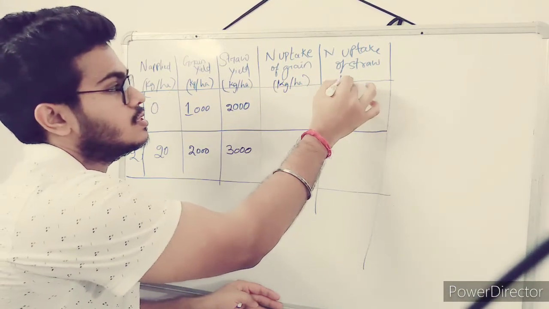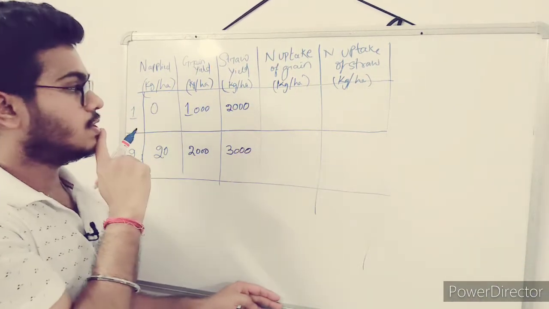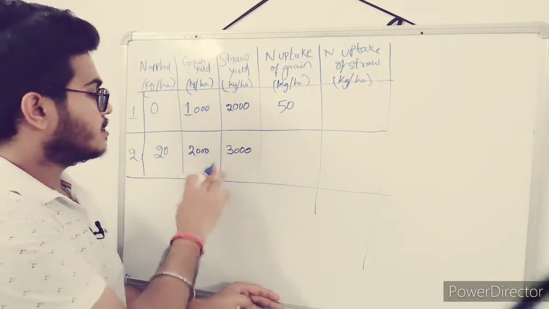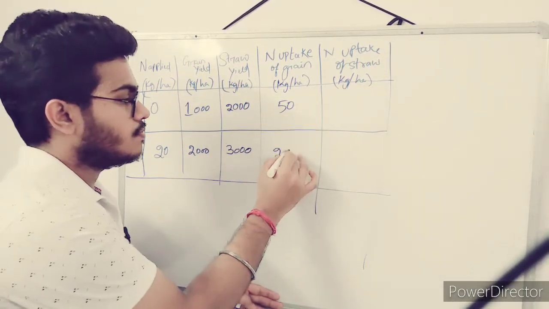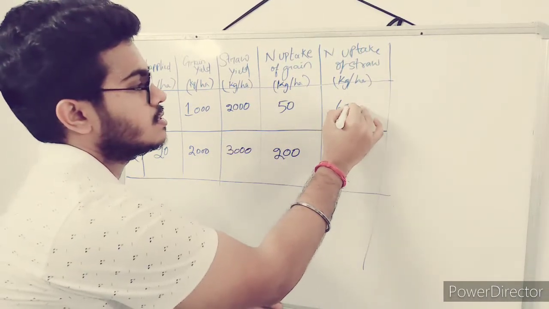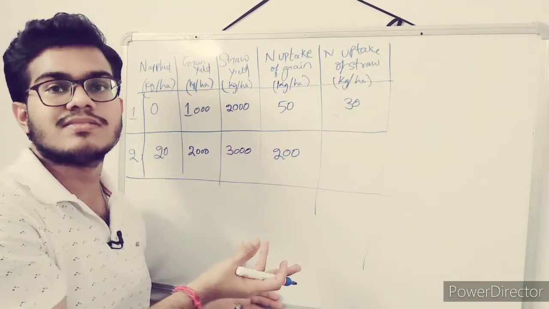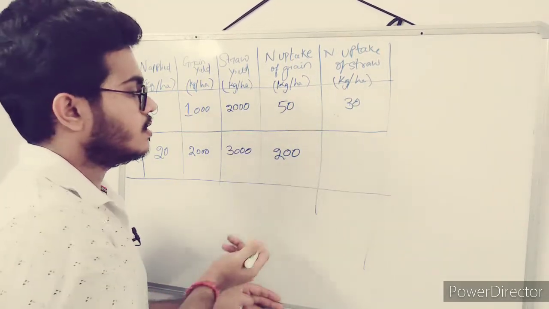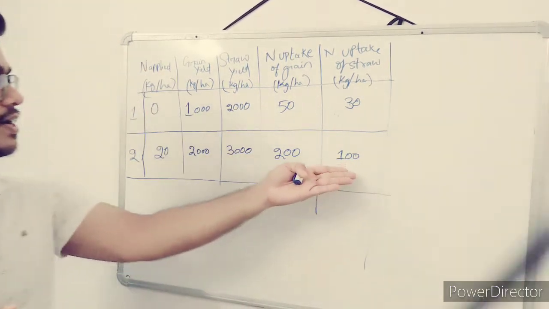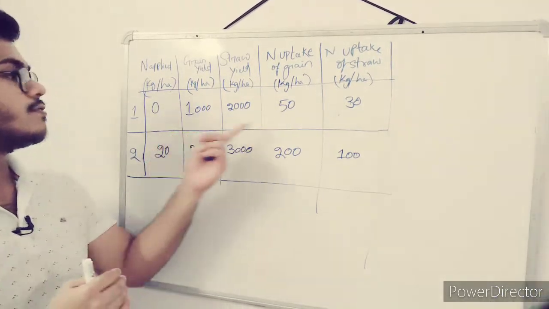Suppose you have got a nitrogen uptake of 50 kg per hectare in the unfertilized plot and 200 kg from the grain in the fertilized plot. For straw, generally the nitrogen uptake remains less, so suppose you have got 30 and 100, because this is the fertilized plot, so we have got slightly higher values than the unfertilized plot.